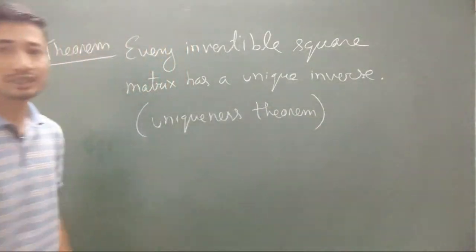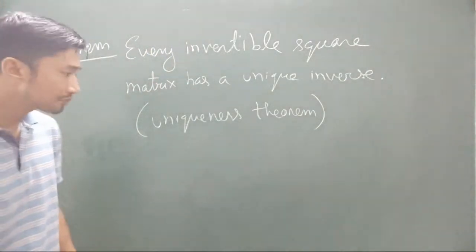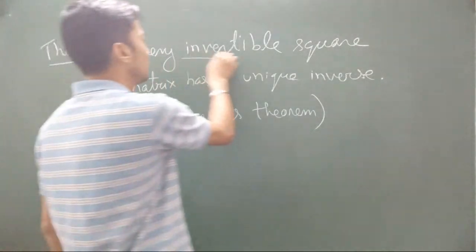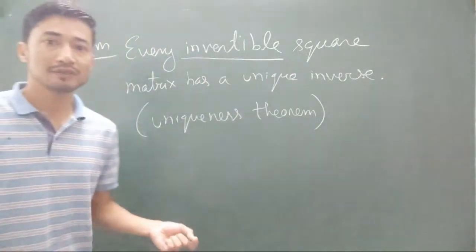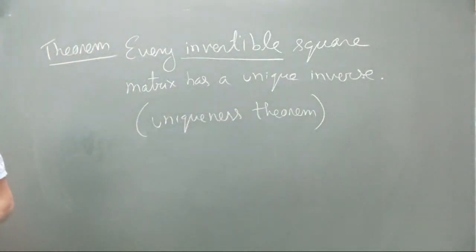This is also known as the uniqueness theorem. So what it says is every invertible square matrix has a unique inverse.